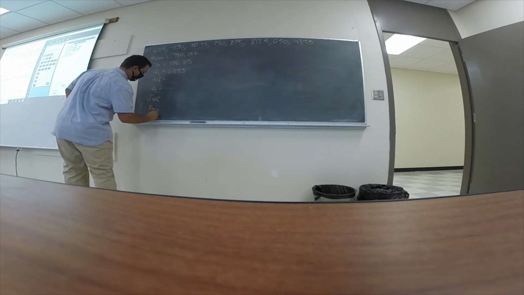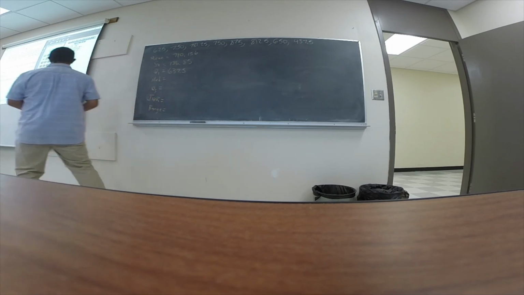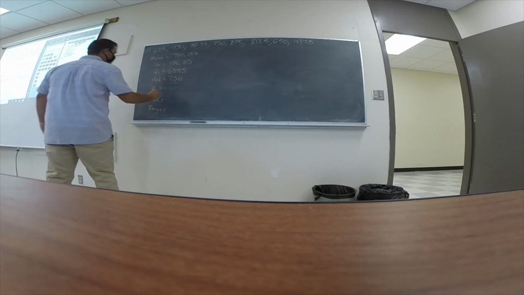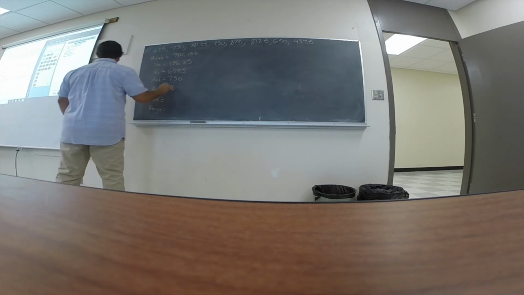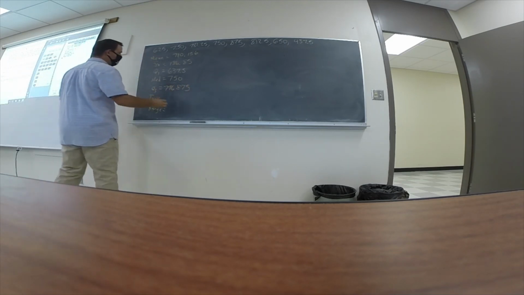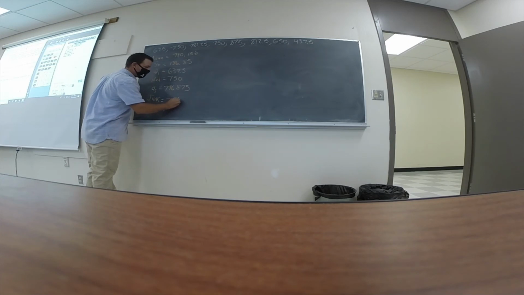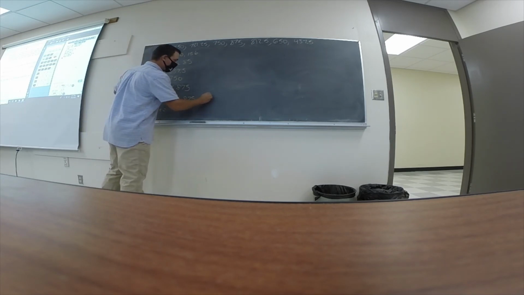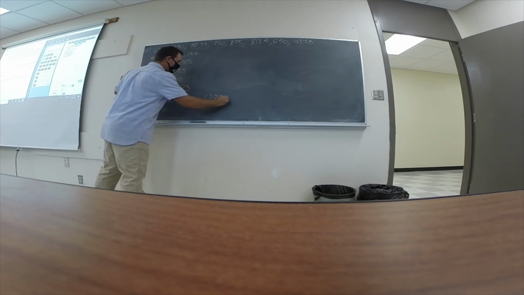Range. Okay, so median, 750. Q3, 796.875. IQR is going to be 796.875 minus 637.5.